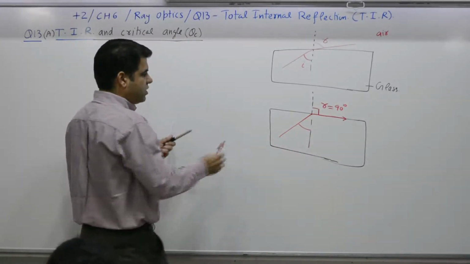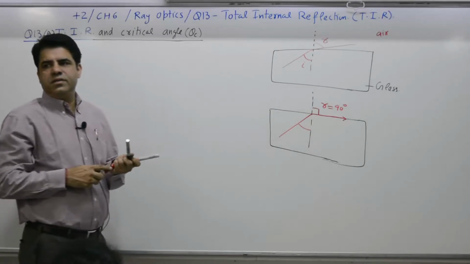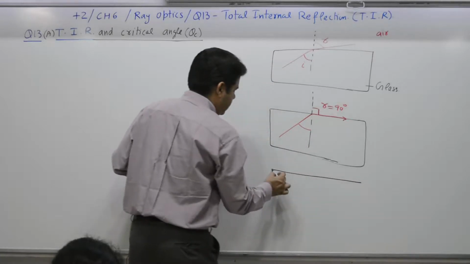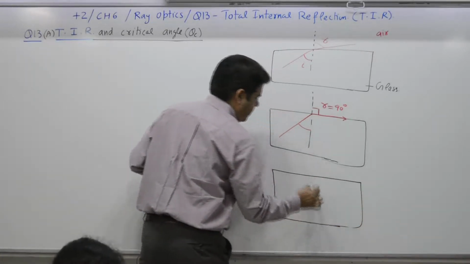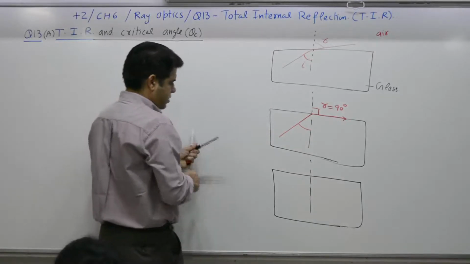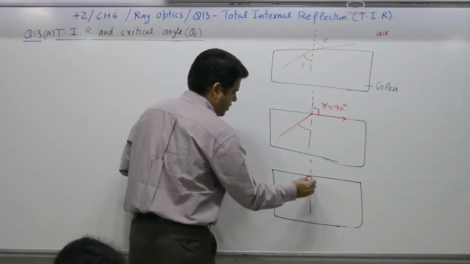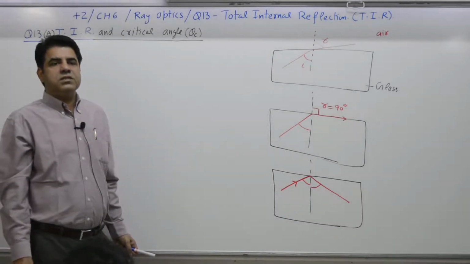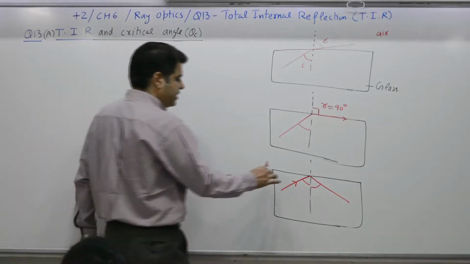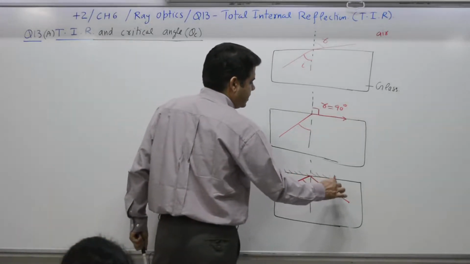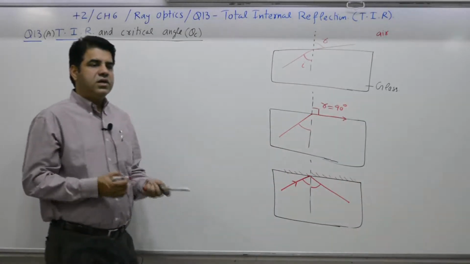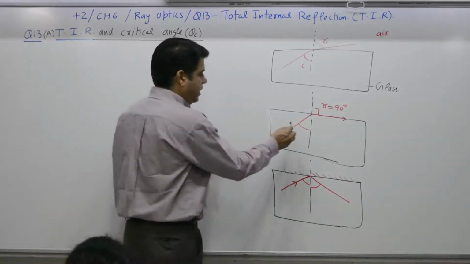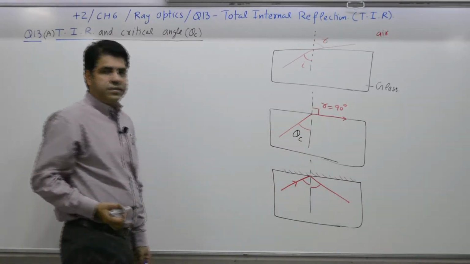If you further increase this angle, then the ray comes back to the same medium, that is the glass. This face behaves as if it is a mirror. This phenomena is known as total internal reflection. This angle is termed as theta critical.